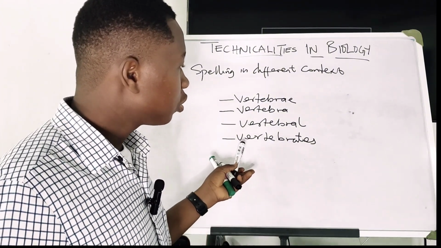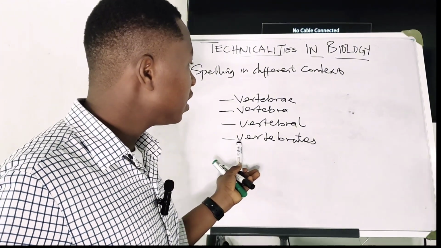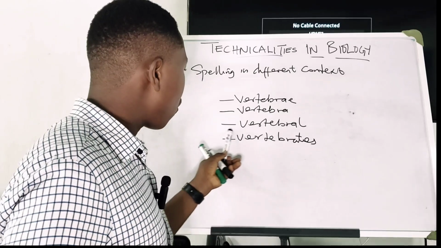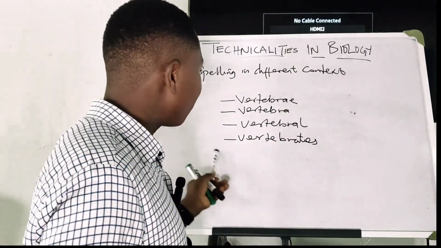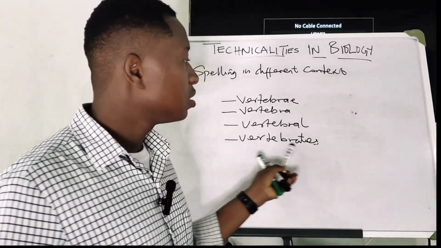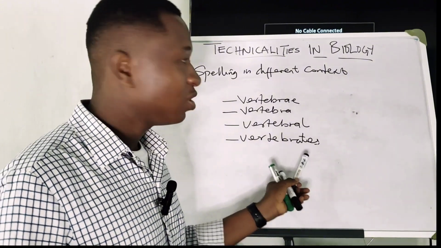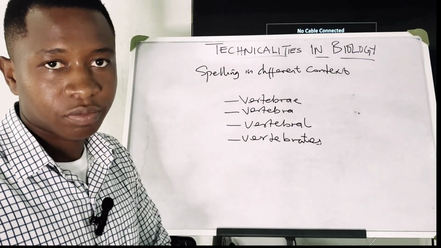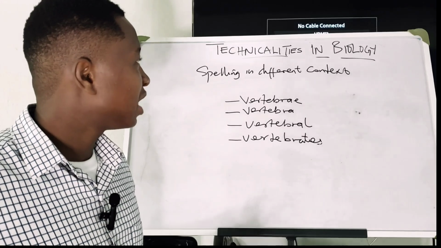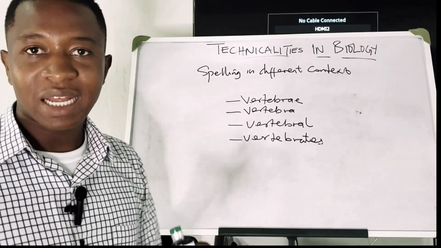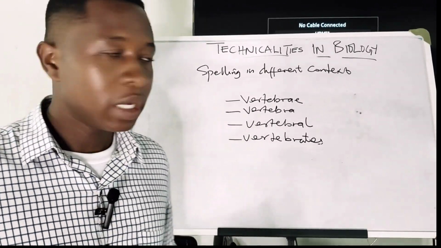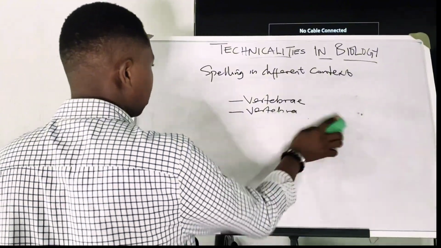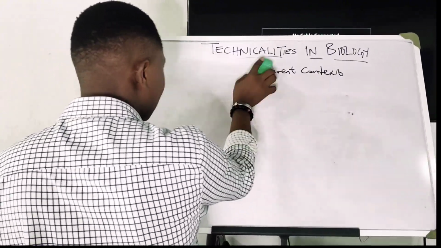So what you need to know here is that all the organisms that have backbones are found in this category. So these words are very close, but they are different. That's another technicality you need to look out for in biology exams. Okay, let's look at another one.